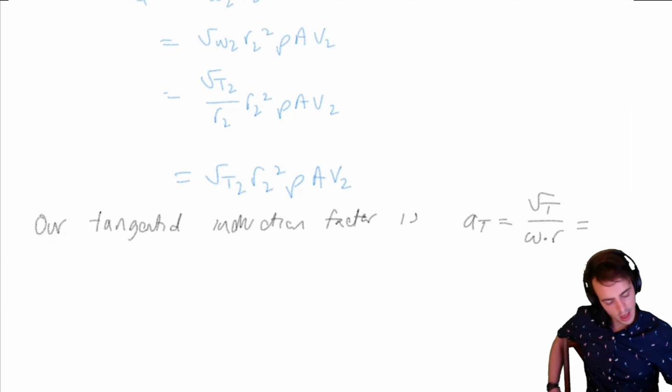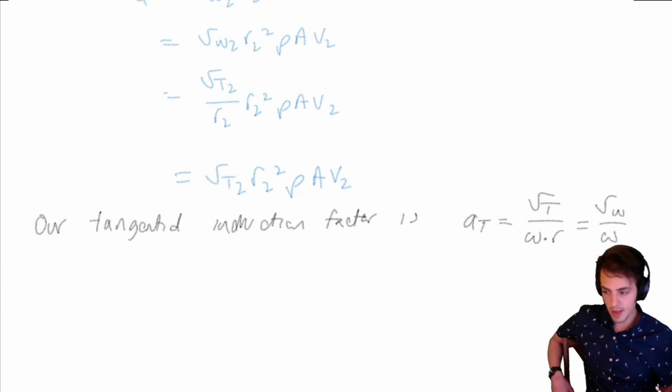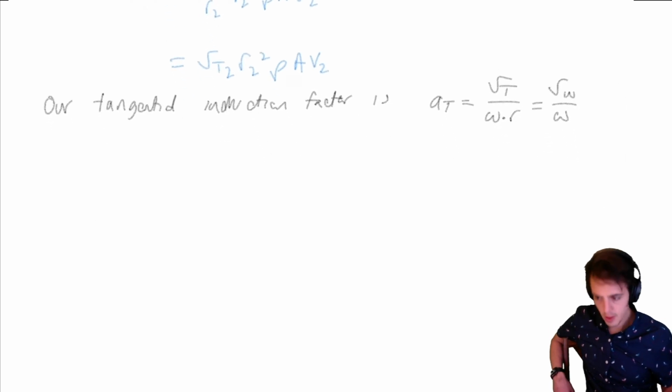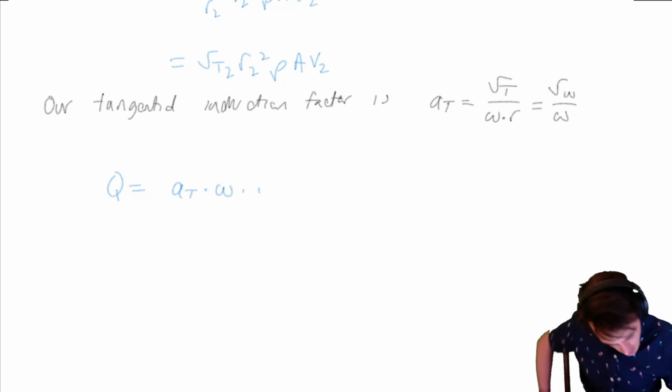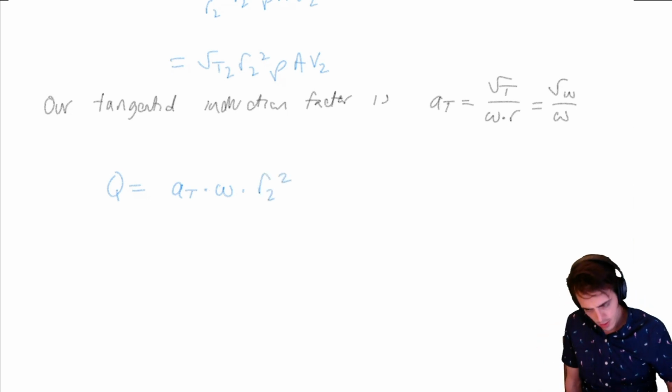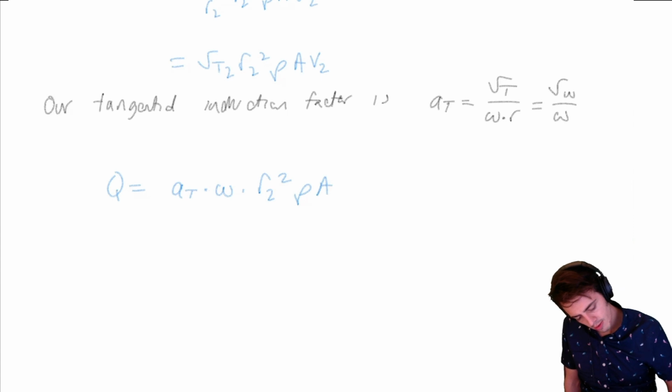So that's simply equal to the swirl velocity added divided by the rotational speed in radians per second. So we can use this and insert it into our Q equation. Q is equal to a_T omega R2 squared rho A V2.